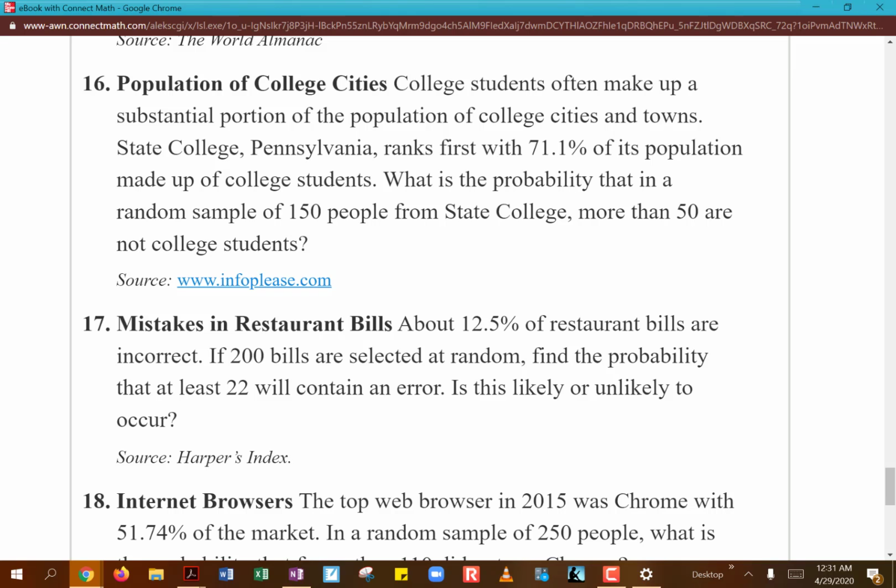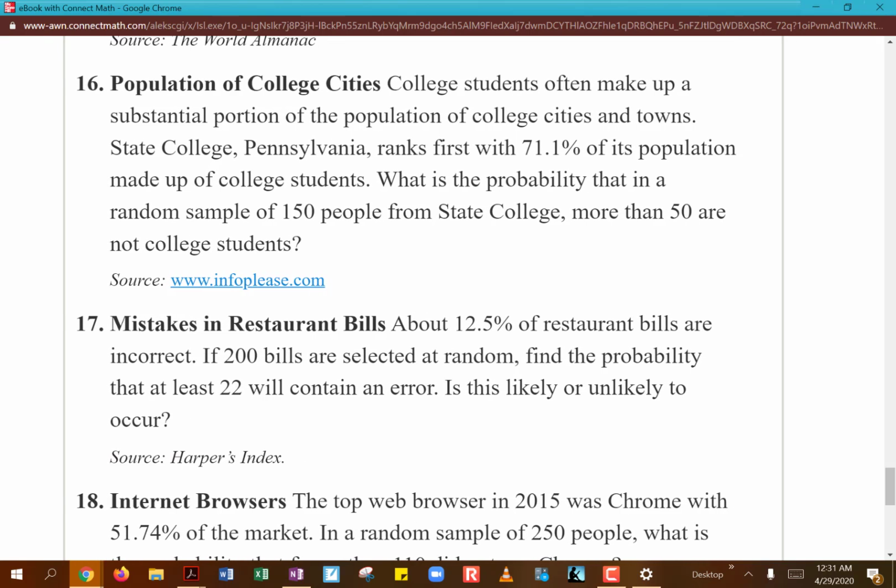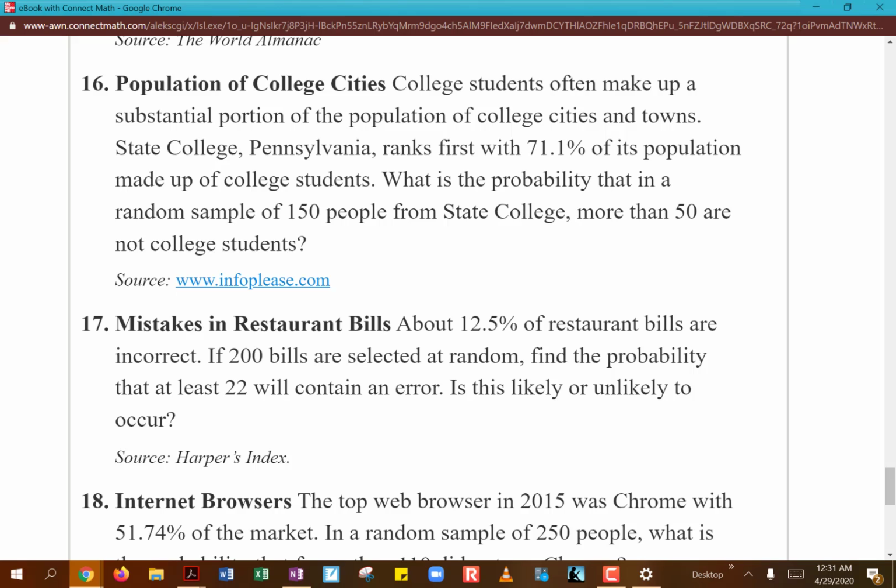That's your Q value. And to find the P value here, we would have to do 1 minus Q. So think of 71.1% as the Q value, because that's not the probability we're interested in. We're interested in what portion of this city is not college students. So that's going to be 1 minus 0.711, which will give us the probability.